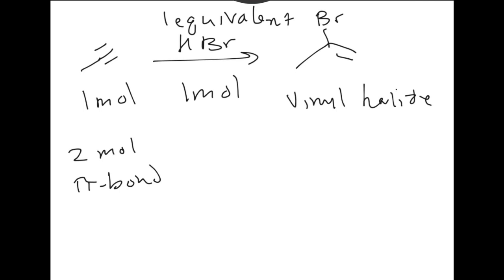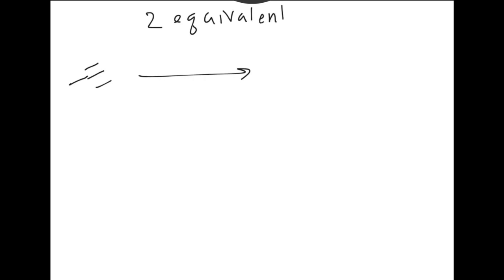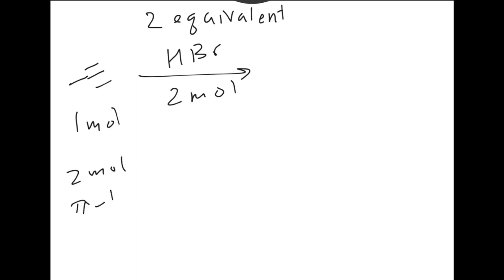Now, if I do the same thing, but instead of having 1 equivalent of HBr, I have 2 equivalents. Okay, so now I have 2 equivalents. That means I have 2 moles of HBr to my 1 mole of alkyne, 2 moles of pi bond. Right?